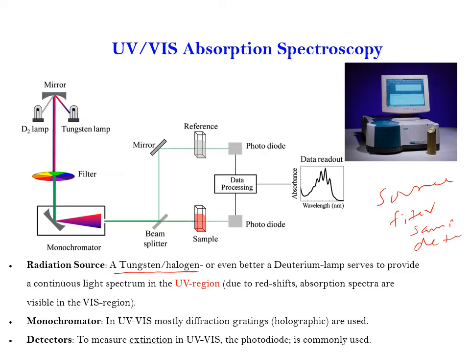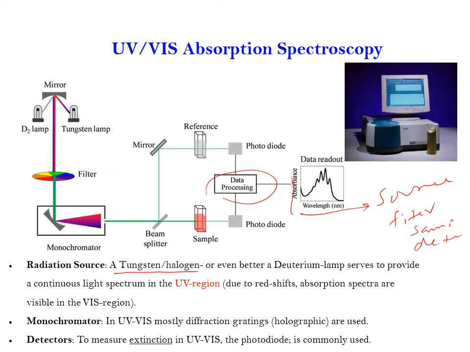Then specific light will be applied after the filter selects a specific frequency. Then there are detectors that measure the extinction in the ultraviolet visible spectrum region. A photodiode can be used. Then after that photodiode, data processing can be used. For example, a Fourier transform can be applied to see absorbance in terms of wavelengths.